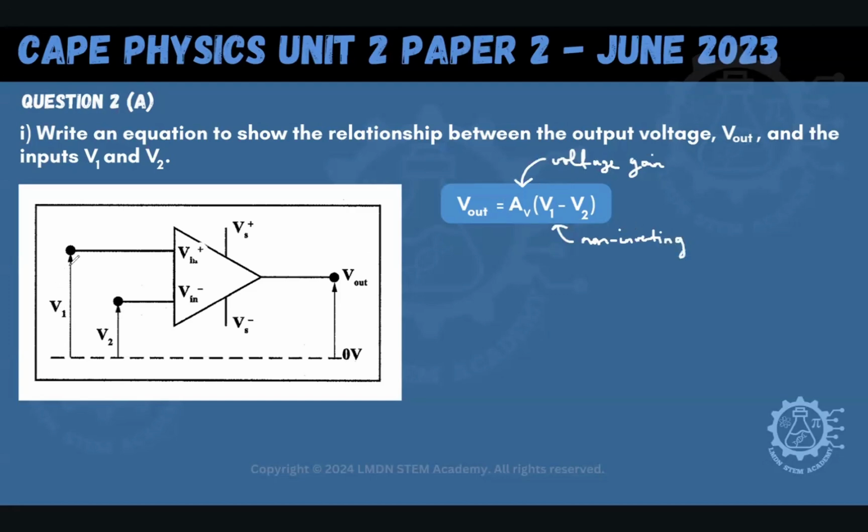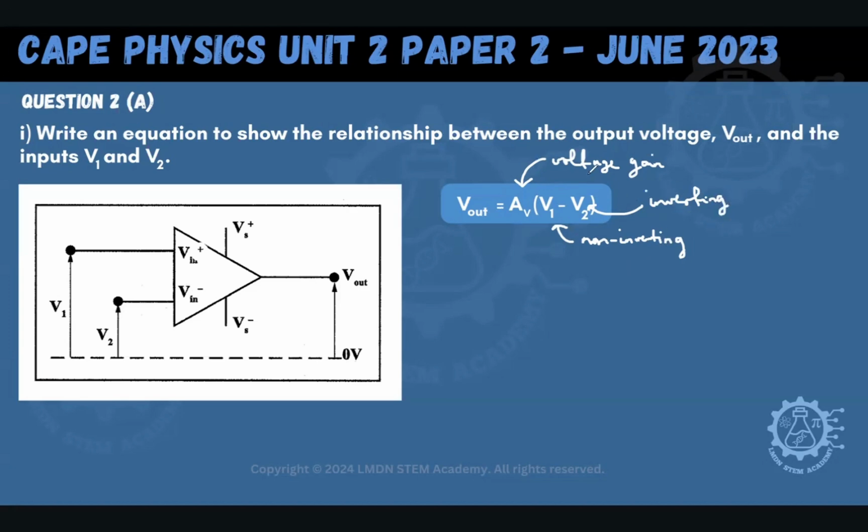That's non-inverting. And then V2, this one, is your inverting input. You see whatever you put in there is going to get inverted. That's what that minus sign means. So your V2 input is your inverting voltage.